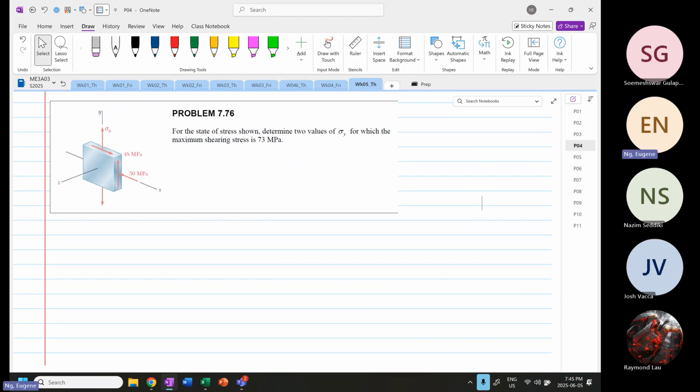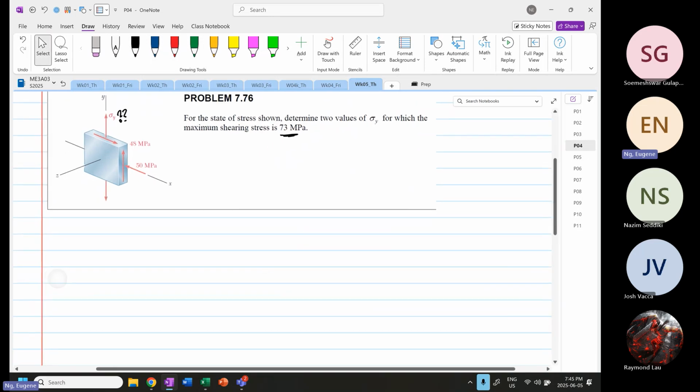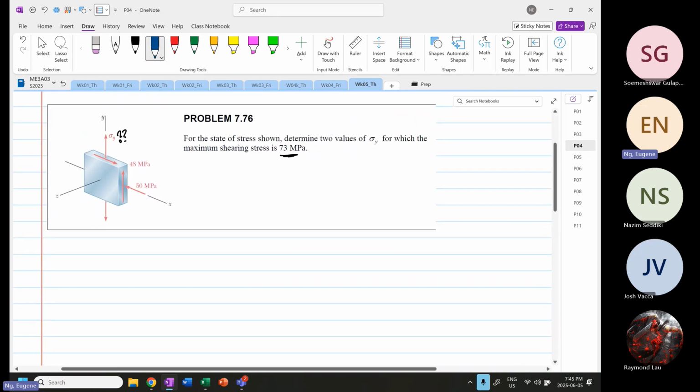So based on this diagram, on the element, we have to figure out what is stress Y. Given to us, the maximum shear is 73. Like whatever we do before, this corresponds to a point X, this corresponds to a point Y, and this corresponds to a point Z.